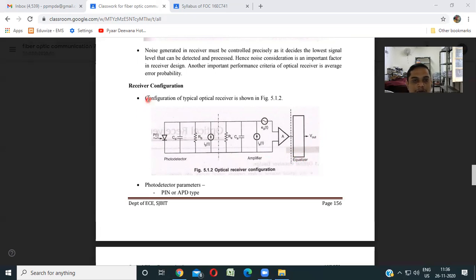Is it clear? So these are the receiver configuration and different parameters related to the optical receiver. We discussed the thermal current here, and this is the noise voltage. Here we have the noise voltage, and P of T.